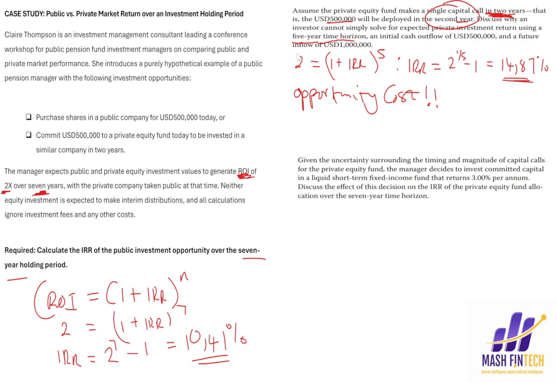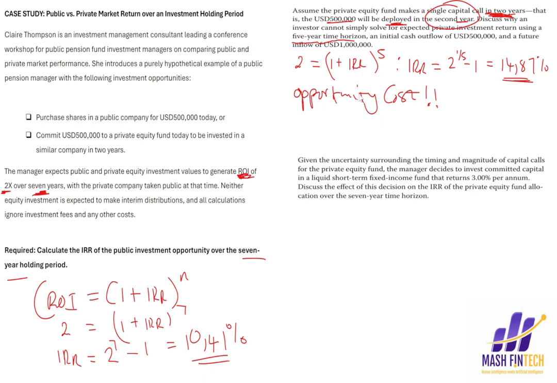It could have been put into a risk-free interest-bearing account and made some money in those 2 years. It ignores that, and it just takes into account the return over 5 years. But for the initial 2 years before it was actually deployed, there's an opportunity cost there, which is going to be ignored, right?